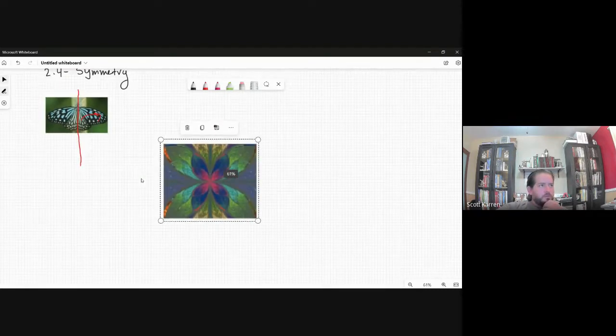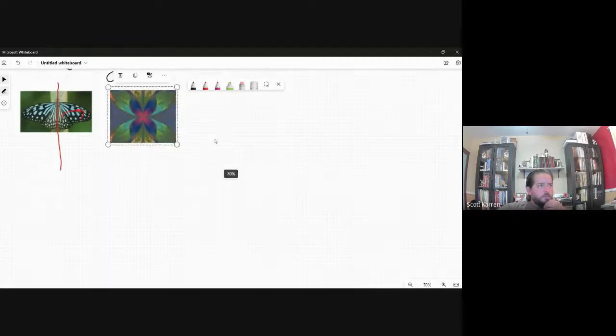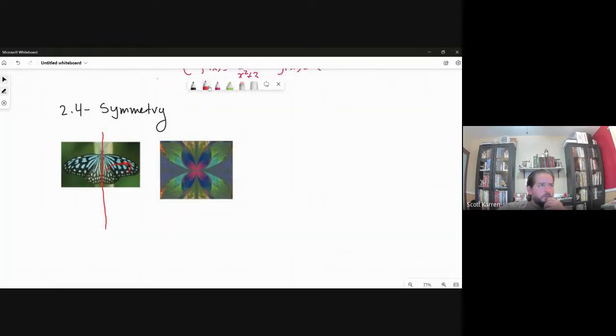In this case, we have two kinds of symmetry really going on here. I could draw that line vertical and say the left-hand side looks like the right-hand side, but I could also draw it here and say the top looks like it could be folded over to become the bottom.